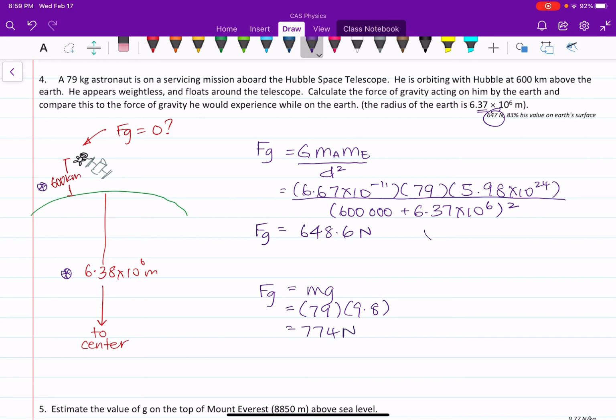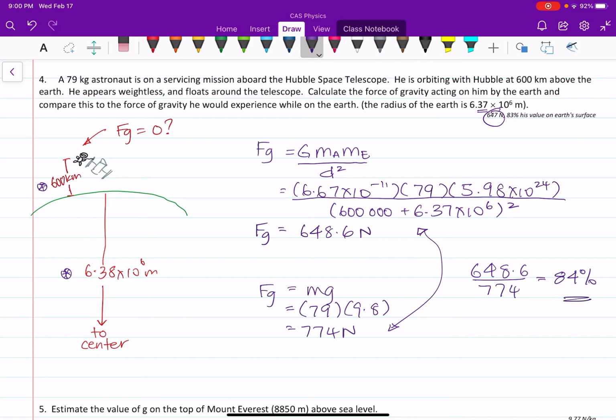Comparing these two together, 648.6 over 774, so 648 divided by 774, is about 84%, 83.7, 84% of his gravity. It's kind of remarkable when you think about it.